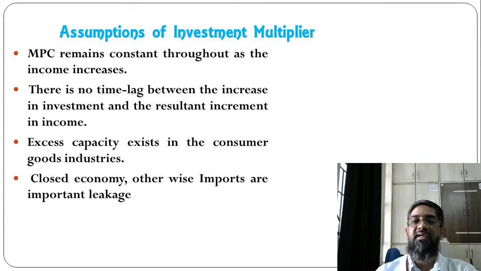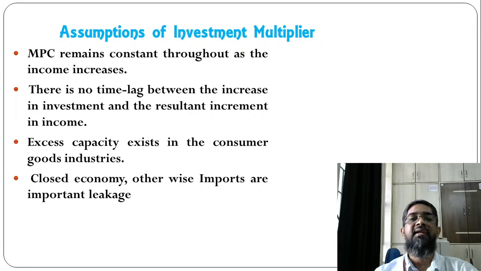Now quickly see, this investment multiplier works on the following assumptions. If these assumptions are true, the multiplier will work truly. If not, it will not work as it is. There will be some leakages in the system, or the value of the investment multiplier will not be as expected.